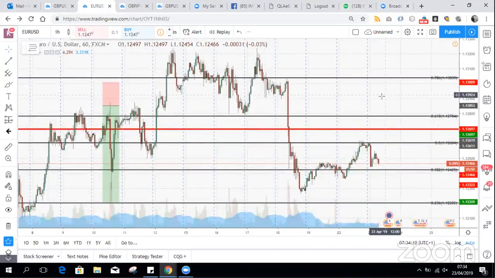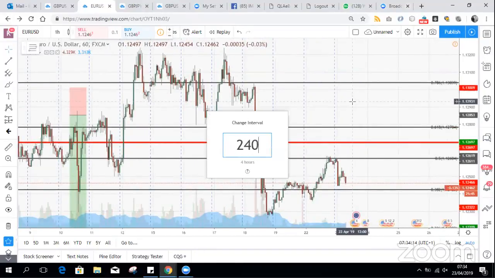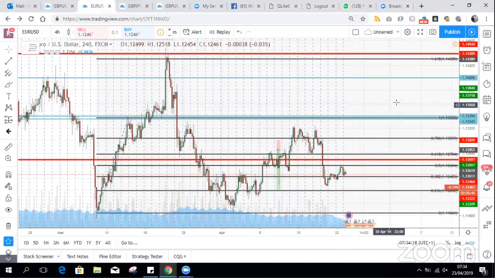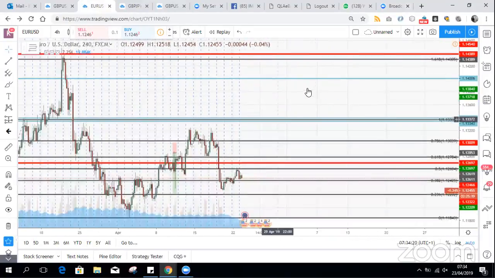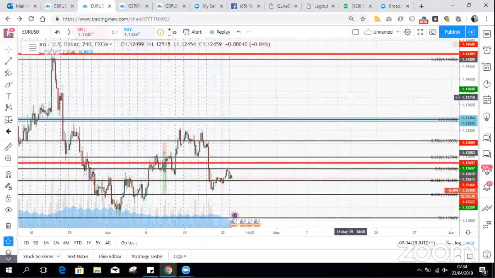Let's check out Euro USD. Okay, I have some fibs in place. Again, Euro USD, this price action here. You see it come all the way down here, flying all the way up.